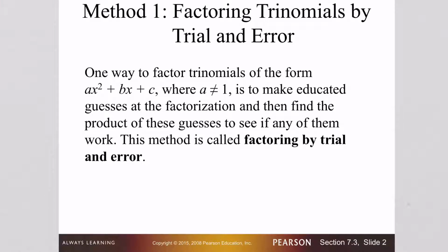Okay, so there are several different methods. Notice how this says method 1, factoring trinomials by trial and error, and it is exactly how it sounds. You sit there and you guess and test. Over and over again, you try something different, that doesn't work, try something different, that doesn't work. I really don't like to teach trial and error, and so I'm not going to.